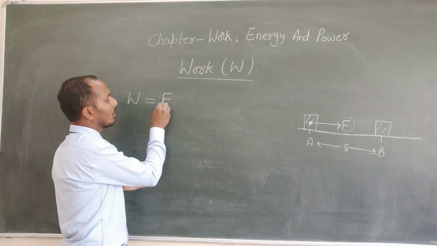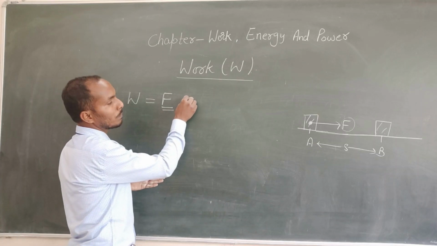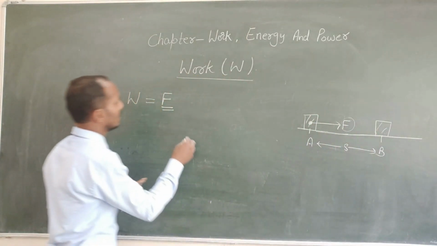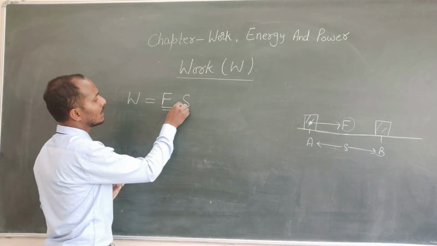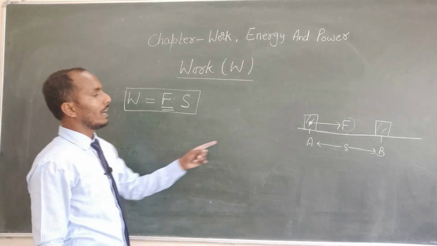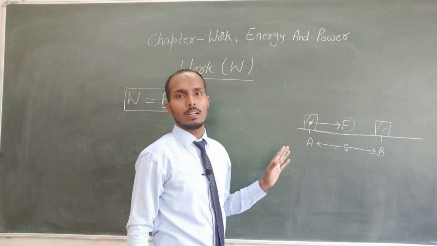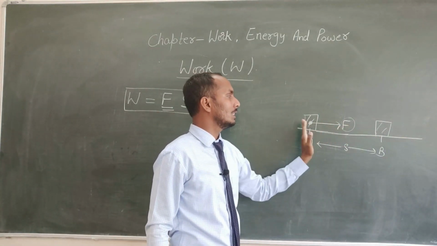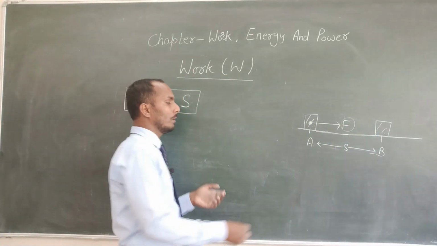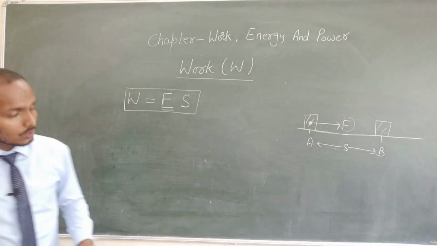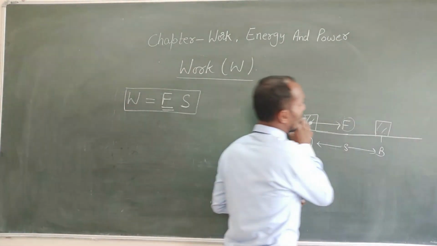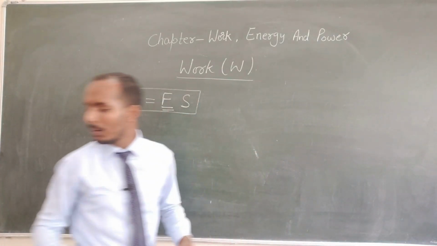So it is the product of force component and displacement, and the body displaced up to S. This is the formula when you apply a force in the direction of displacement. But actually this is an incomplete formula.